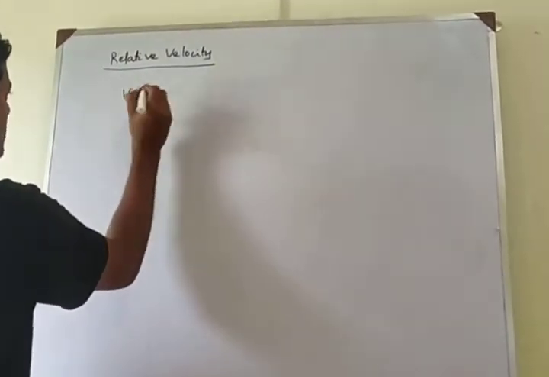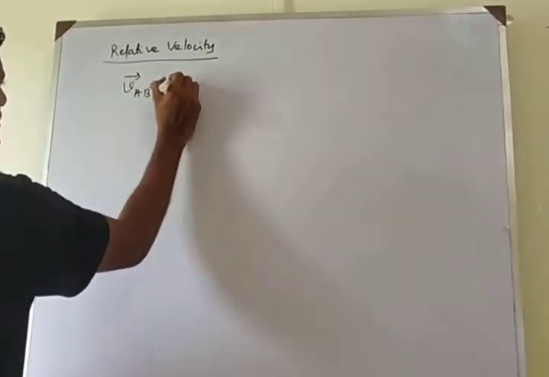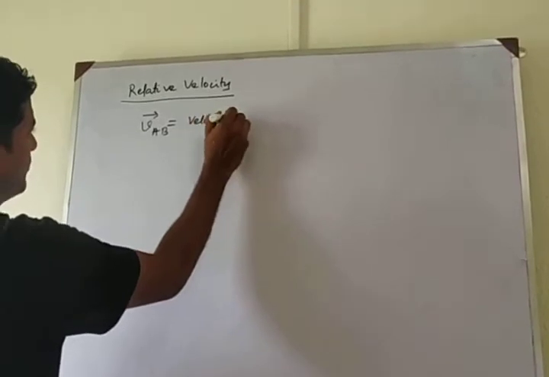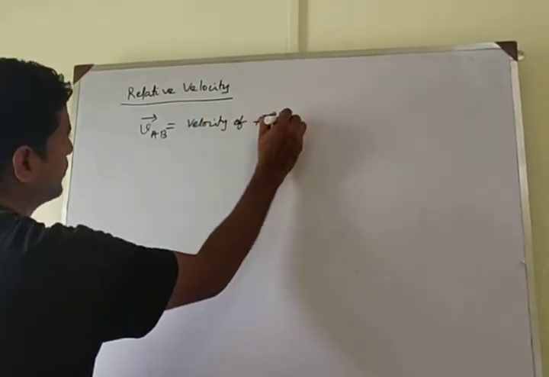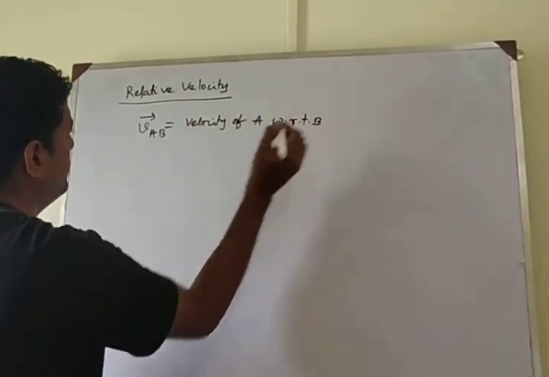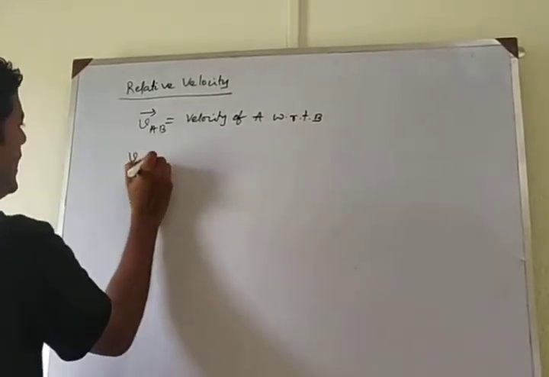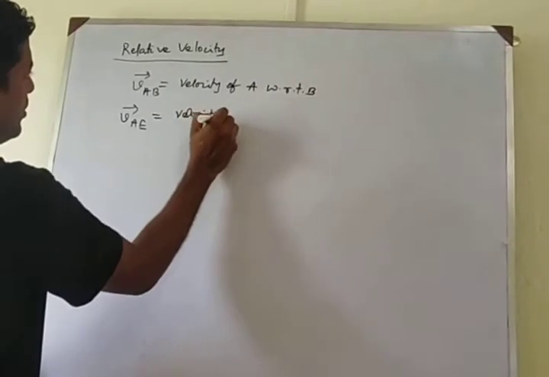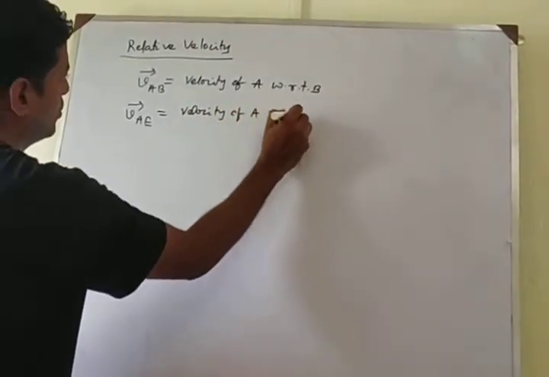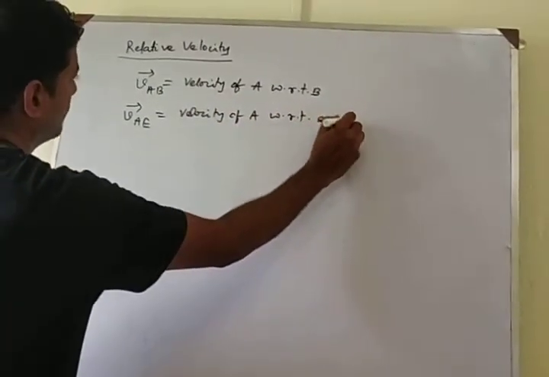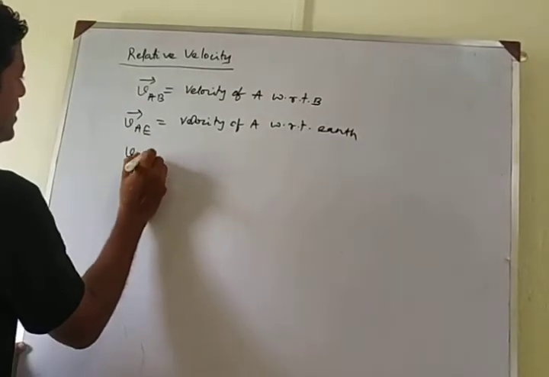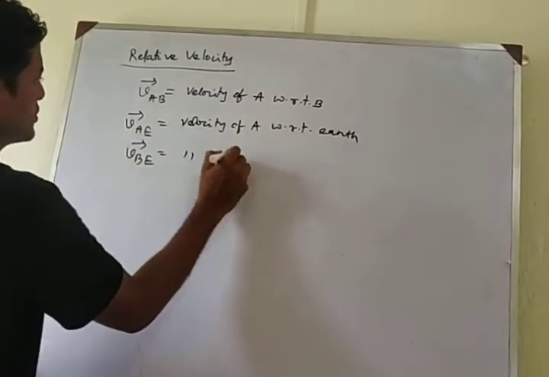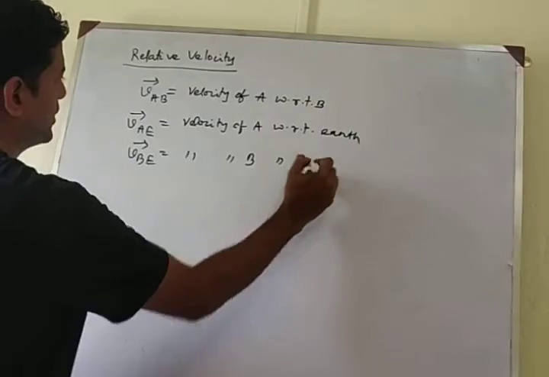So V_AB, that is velocity of A with respect to B. V_AE, that is velocity of A with respect to earth. V_BE, that is velocity of B with respect to earth.